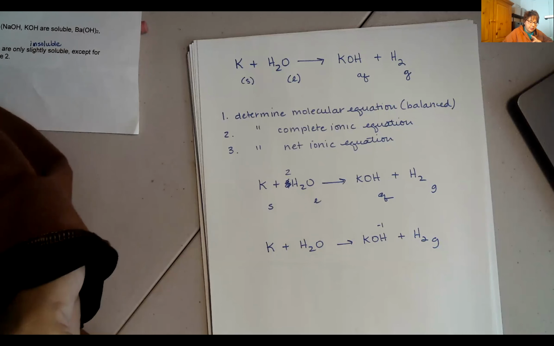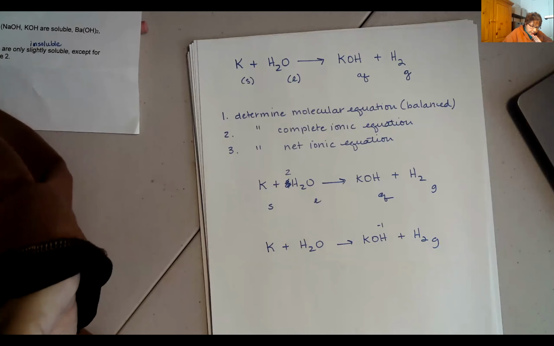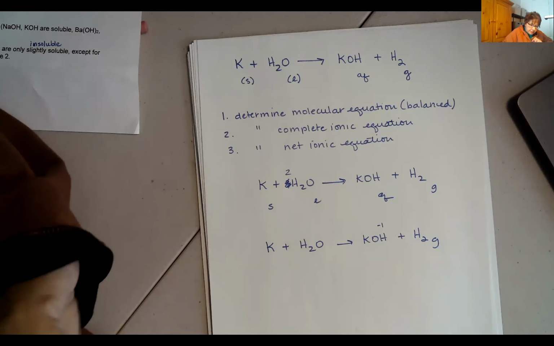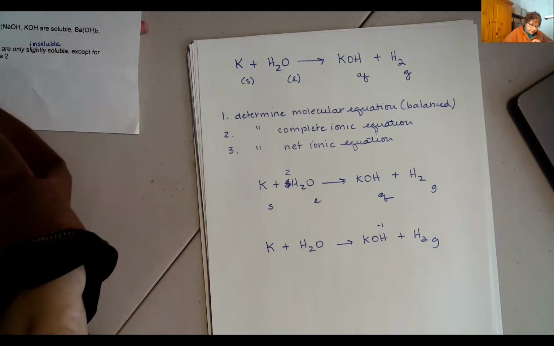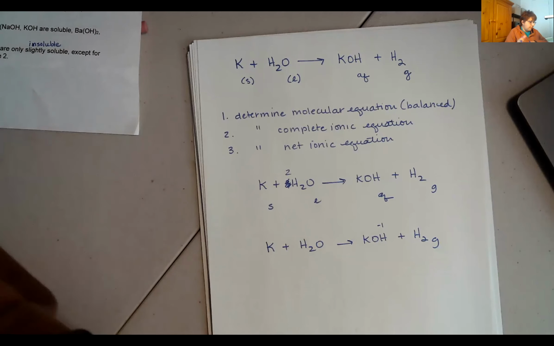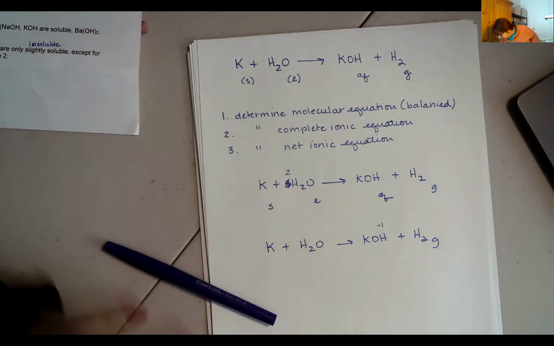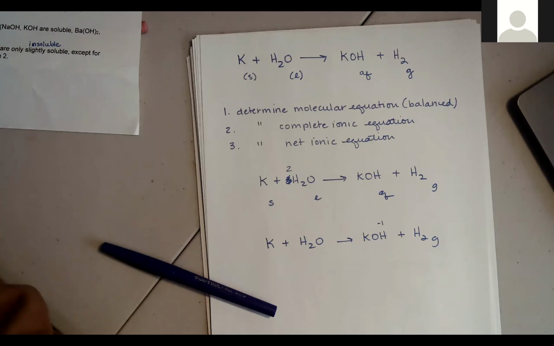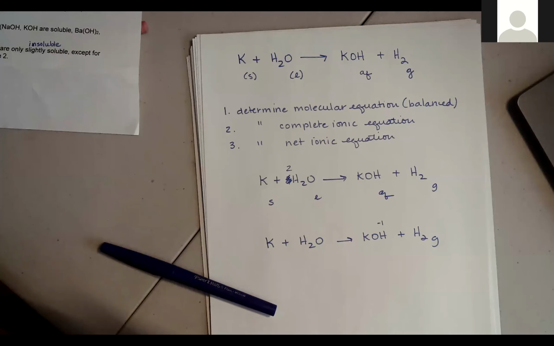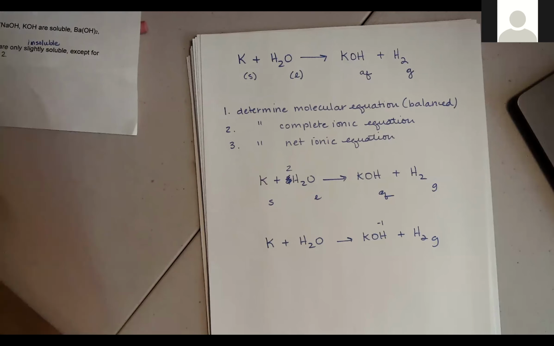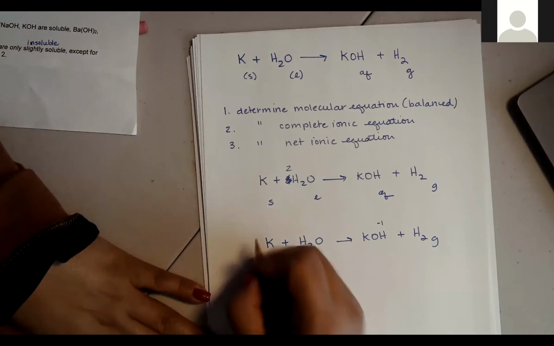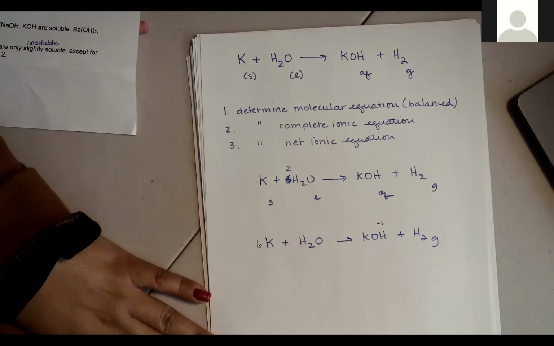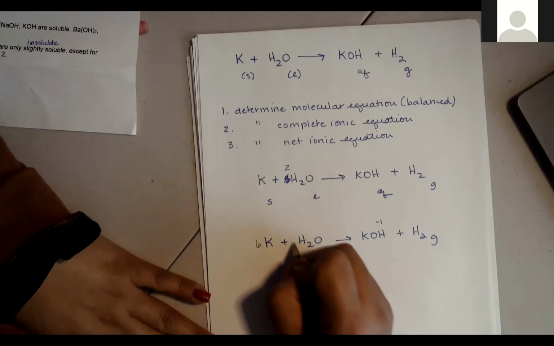You can balance it by inspection, but I'll show you a little trick. Sometimes this trick works with oxygen. Let me get a pencil, in case I mess up. Got it? You got it? What'd you get? So it's 6 potassium, 6 H2O.